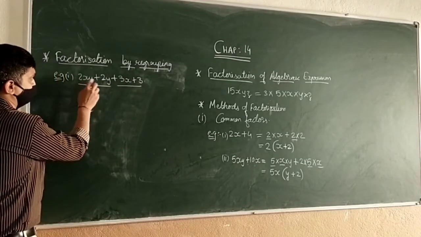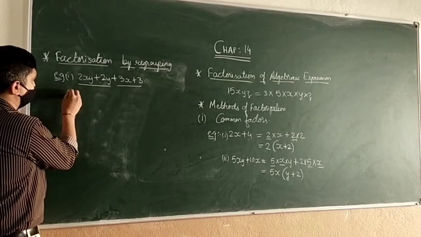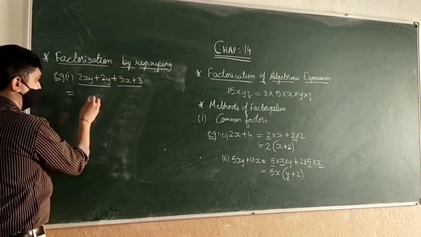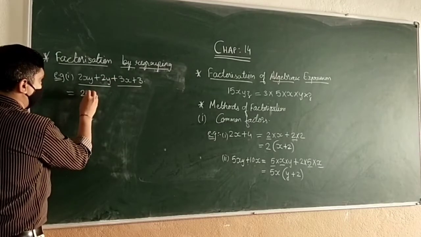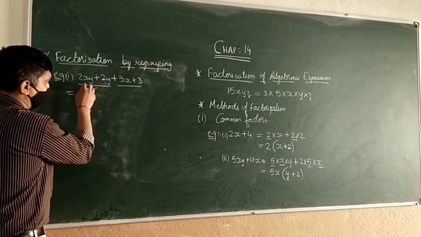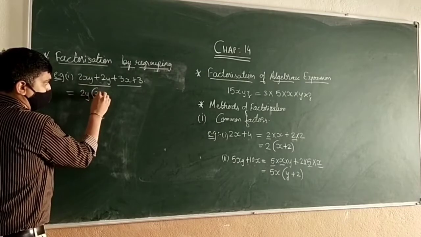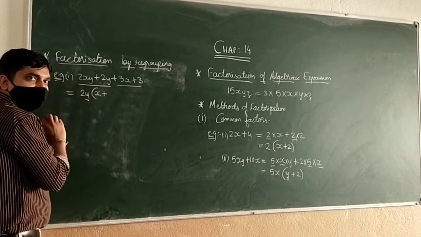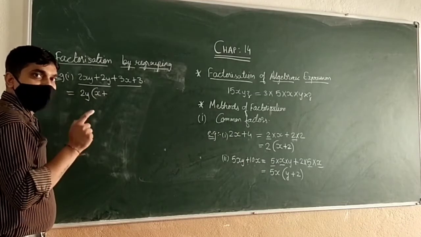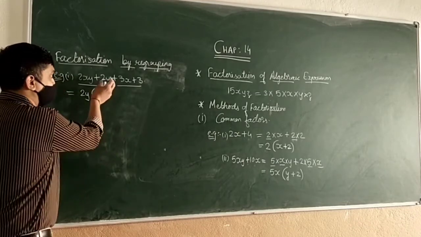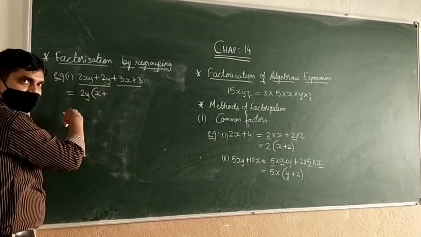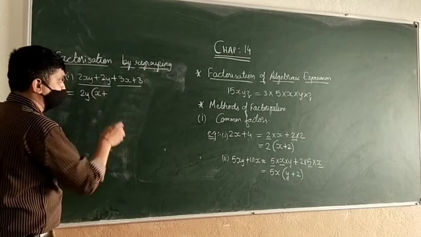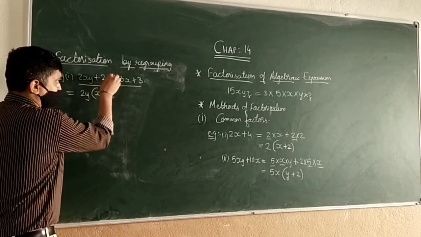Understood? So 2xy plus 2y, what is common between them? 2 and y, so 2y. Let me write 2y common. Now what will be left inside? x plus 1. Remember, whenever you take a whole term outside, there will be a 1 inside, because 2y into 1 will be 2y.